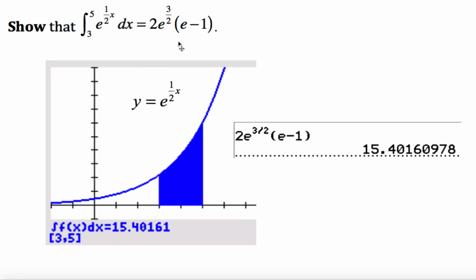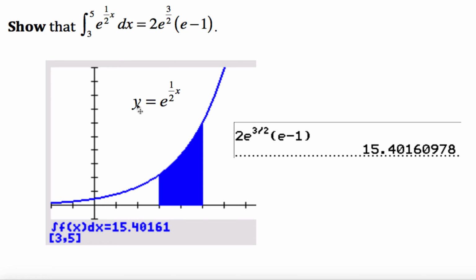Finally, let's show that the integral from 3 out to 5 of something like e raised to the 1/2 x dx looks like this. This, of course, would be a requirement for a paper 1. The next slide will have the full development of that. What I thought I would do is just indicate to you that if you take what looks rather abstract here, of course, keeping in mind that e is roughly 2.7-ish, if you end up just cranking this out on GDC, you get 15.4-ish.